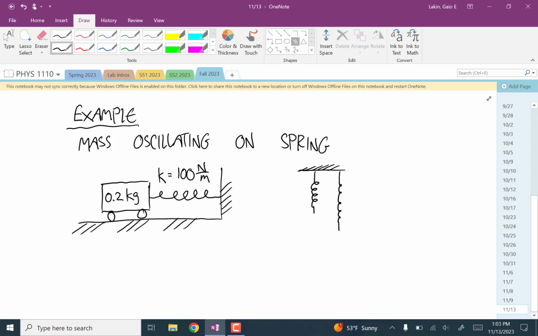And so you take this force that you apply to it, you measure how much this spring stretches, and then that spring constant is equal to the force divided by the stretch.